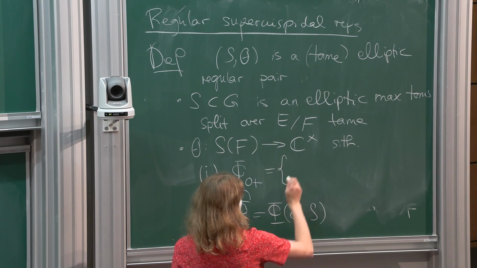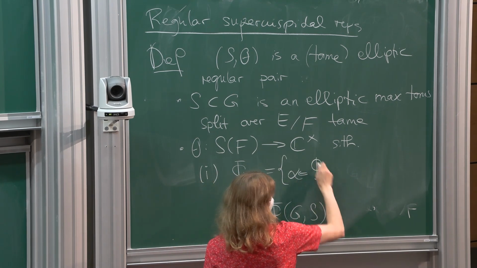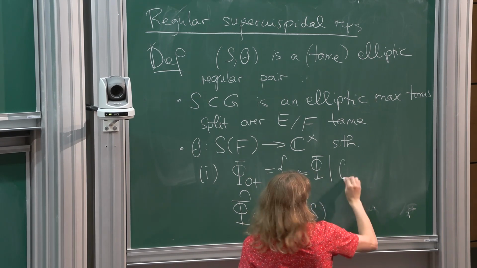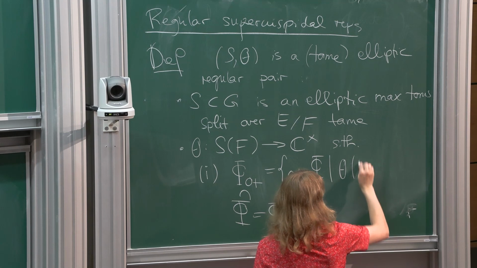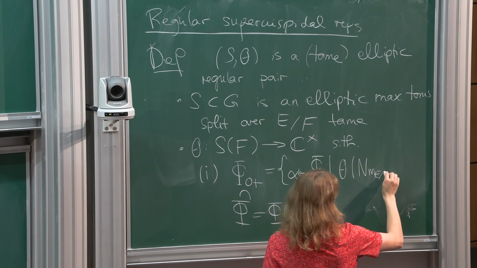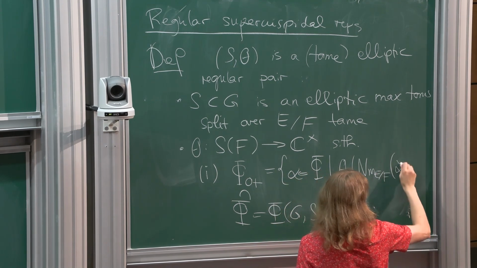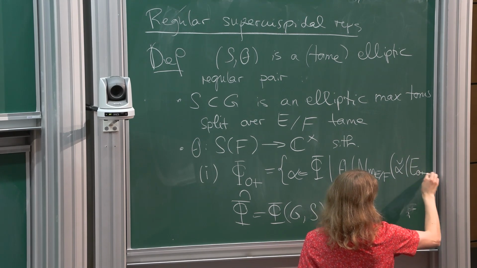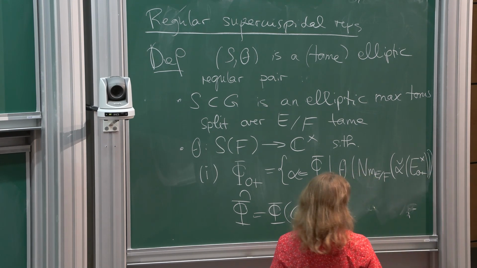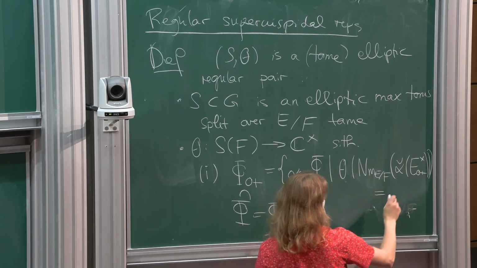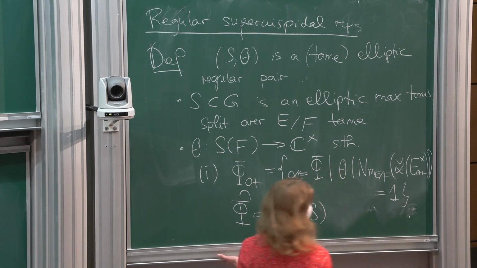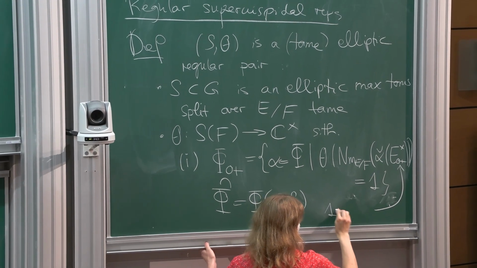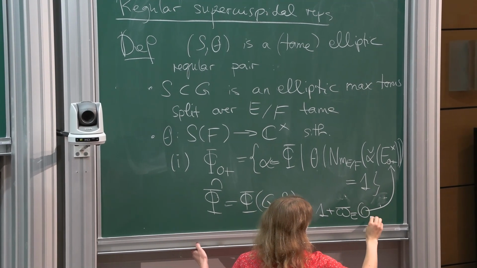And I define this to be all those roots alpha such that if I take the norm from E down to F of alpha check of E_0^+, then evaluating theta on it should be equal to 1. So we call this zeroth filtration subgroup here. This is just 1 plus pi_E times O_E.